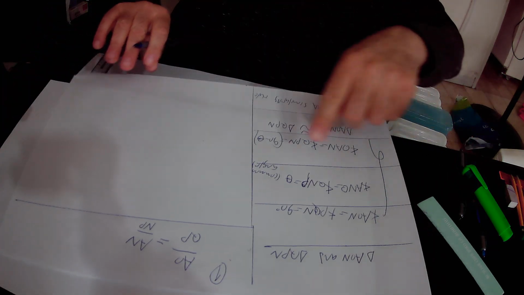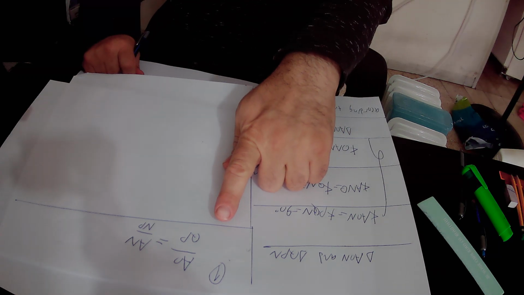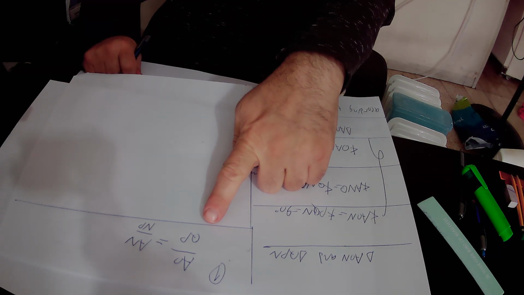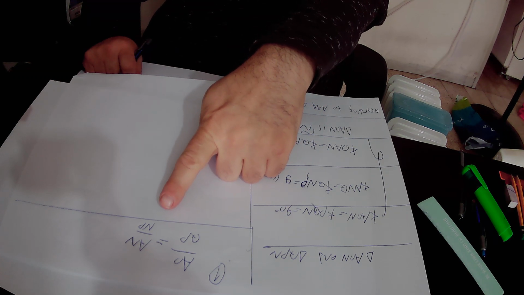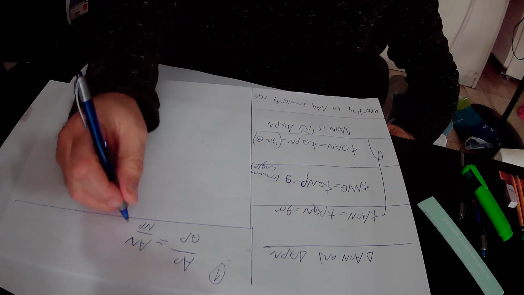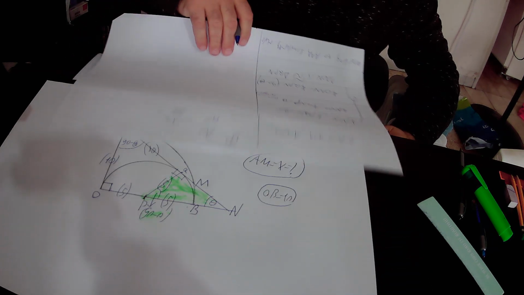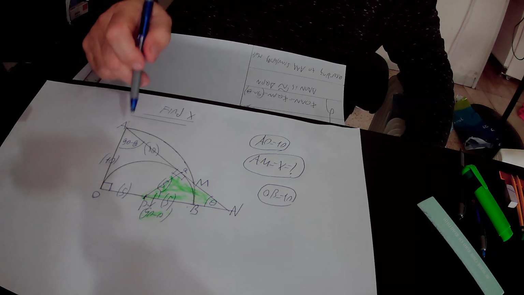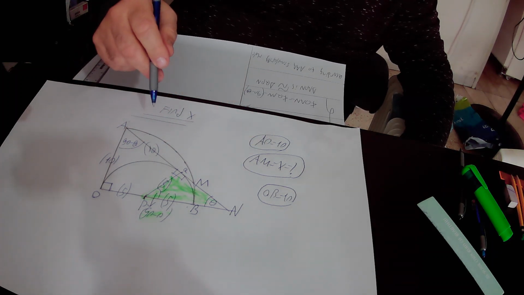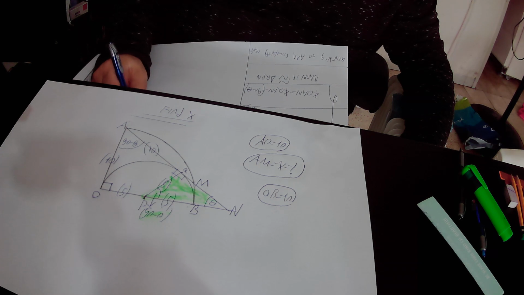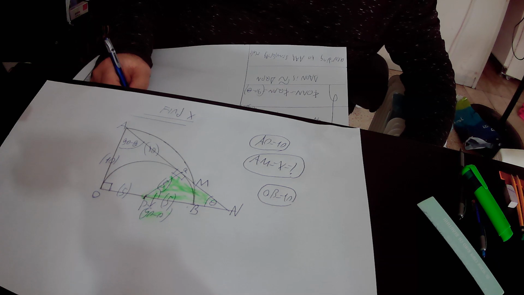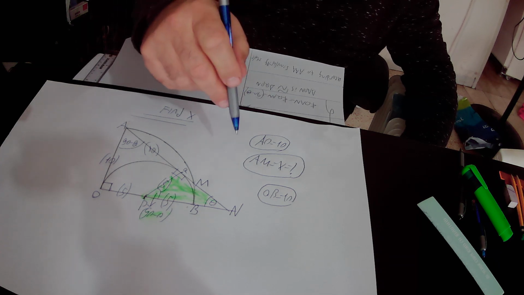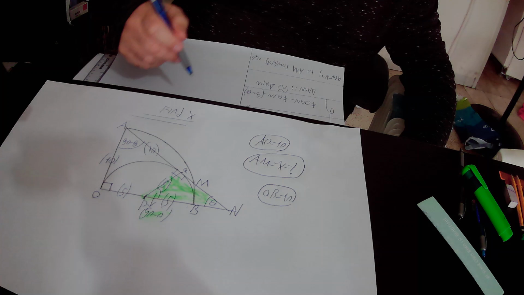We derive that side AO in the big right triangle AON over side QP in the green triangle equals side AN in the big right triangle AON over side NP in the green triangle. And it also equals side ON in the big right triangle AON over side QN in the green triangle.